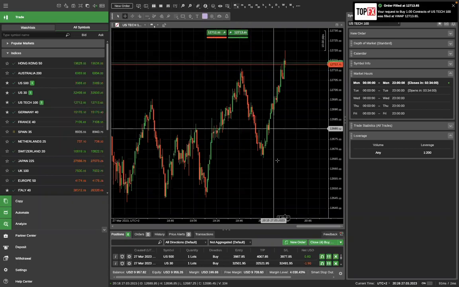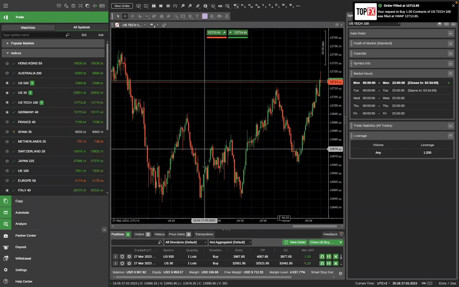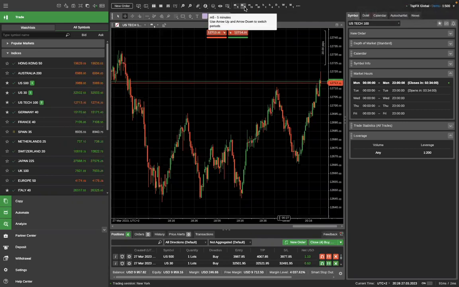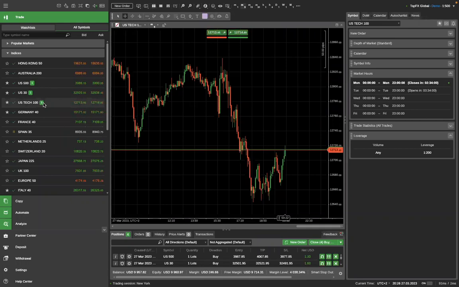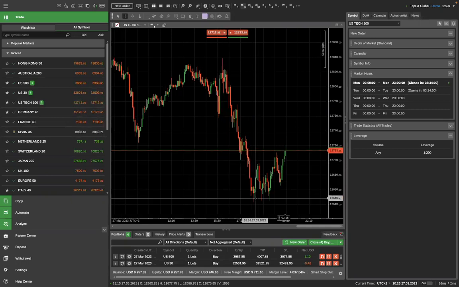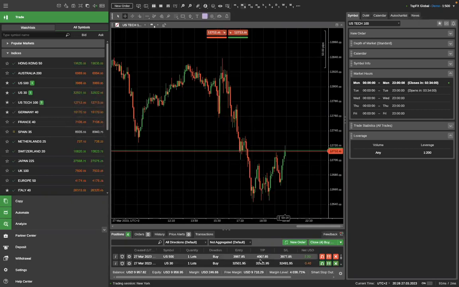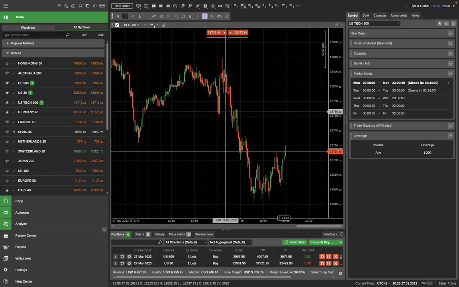Let it go. Quick trade panel was done, and as you can see, we now have one position on every market open. On this one we have two positions, of course. So okay, let's leave it, so you know that one is one micro lot and the other one is one full contract. So the situation here looks very easy.